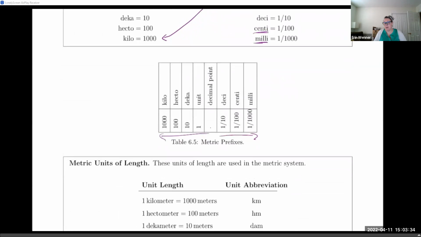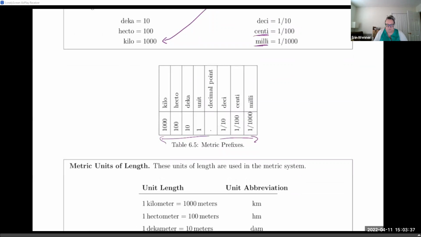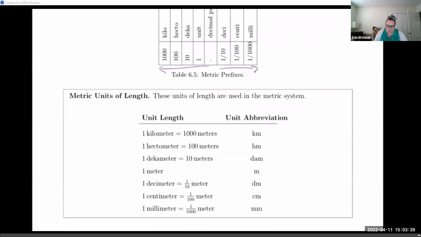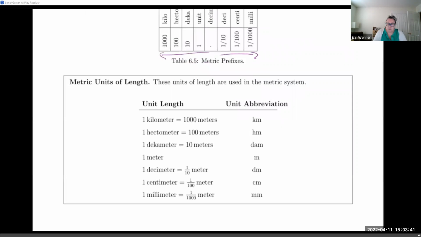So in case you don't remember what all the prefixes mean, we've got some equivalencies written out here too. So 1 kilometer is equal to 1,000 meters, and the abbreviation is km. 1 hectometer is 100 meters, hm. 1 decameter is 10 meters, or dam.